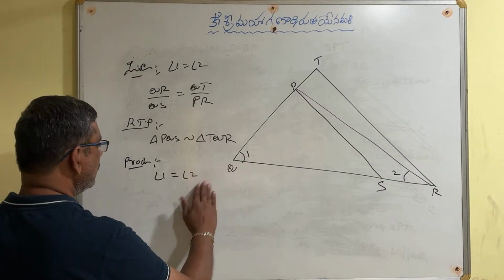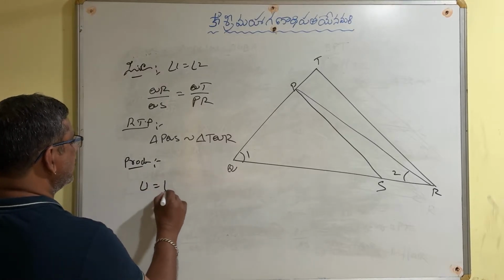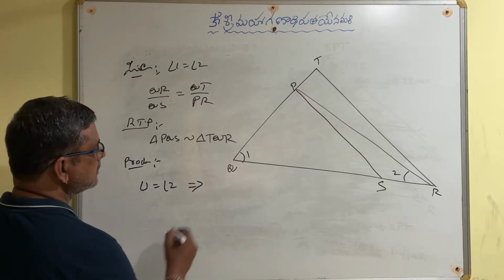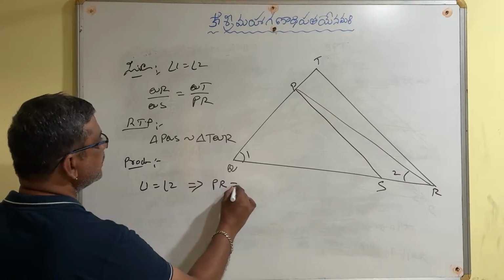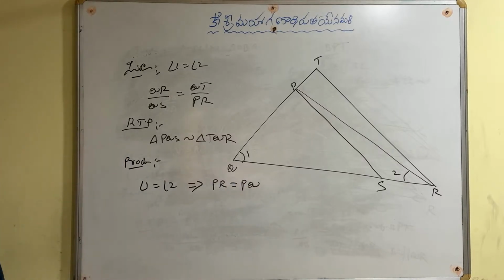So angle 1 is equal to angle 2 implies PR is equal to PQ. Is it right?